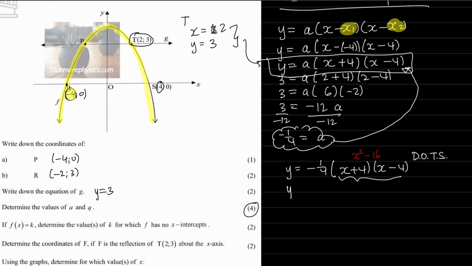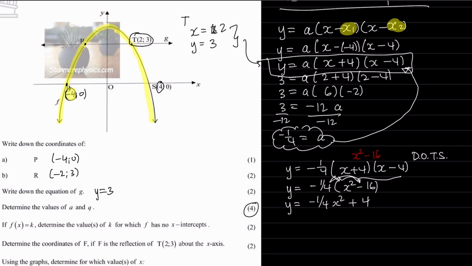So the next line will be y is equal to minus a quarter and then x squared minus 16. Now we distribute the minus a quarter into the brackets. So y is equal to minus a quarter x squared plus 16 times a quarter, which is 4.